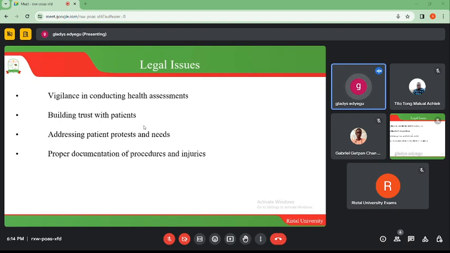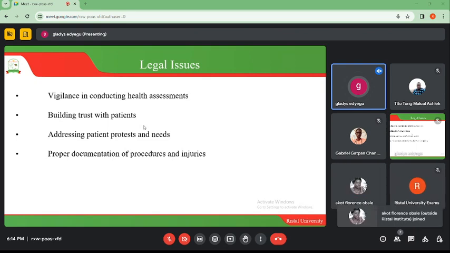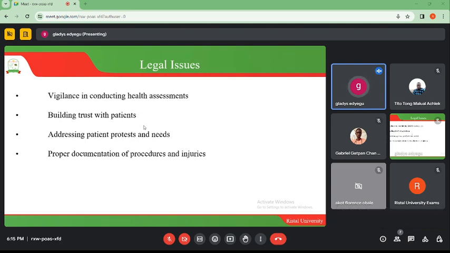And the other thing is addressing patient protests and needs. Some patients can protest, they can refuse. If you tell them to remove their clothes, they'll say, why are you telling me to remove my clothes? Explain to them in a polite way and let them understand why you are going to do it.